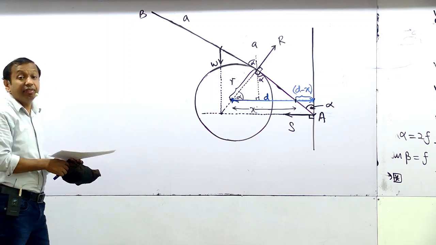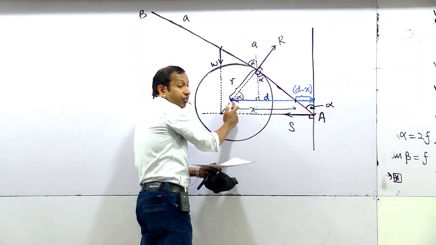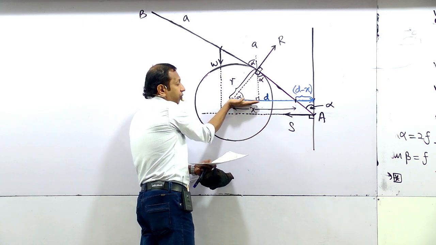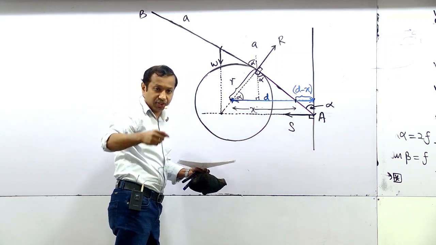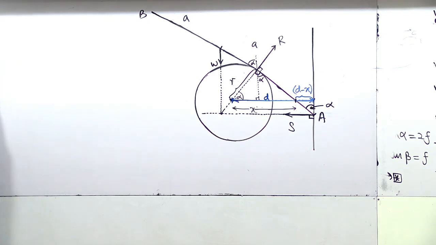We'll write one sentence like this. But here, this length I have assumed as x. This is alpha. This is 90. What is x cos alpha? x cos alpha is equal to r. First relation we can write: x cos alpha equals r.